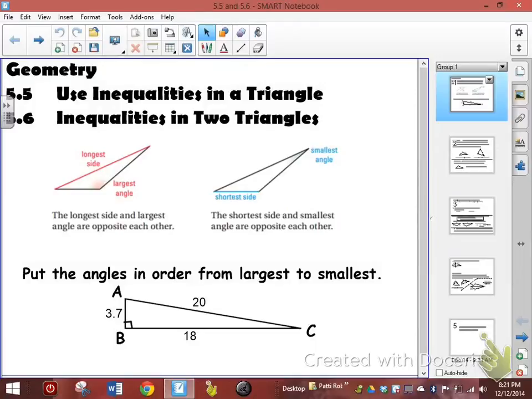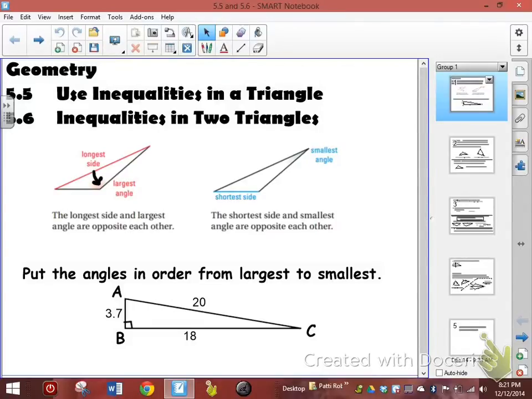In section 5.5, it's about comparing the lengths of sides and the size of the angles in just one triangle. If you look at this first picture, the red side they've indicated as the longest side, and notice it's opposite of the largest angle if you look at the opposite side over there.